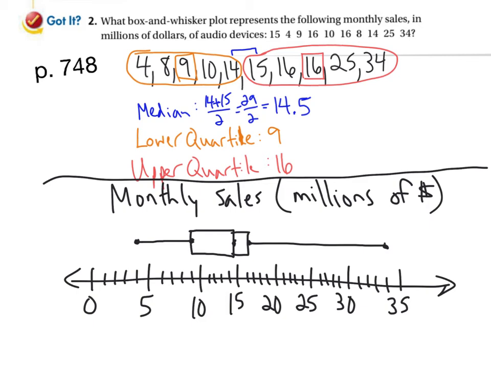So, you know, you can see that's a big spread for that last 25%. That's a pretty wide variance, as opposed to this second box that we had. That's really tight together. 25% of the time they were really consistent with their sales.